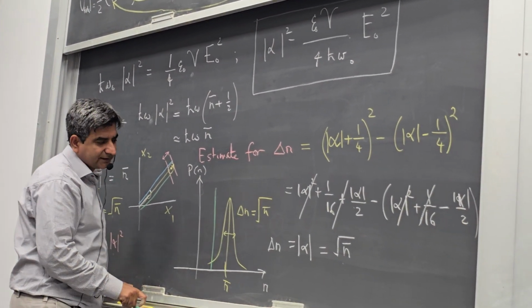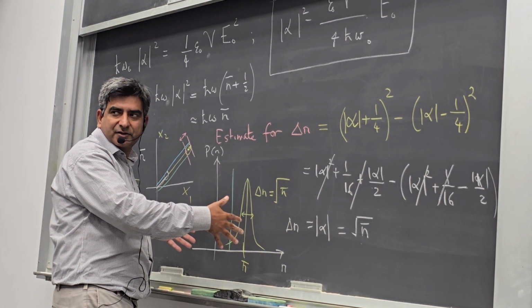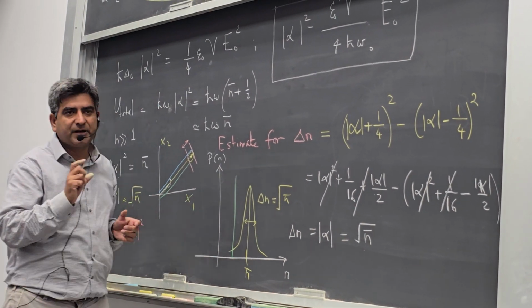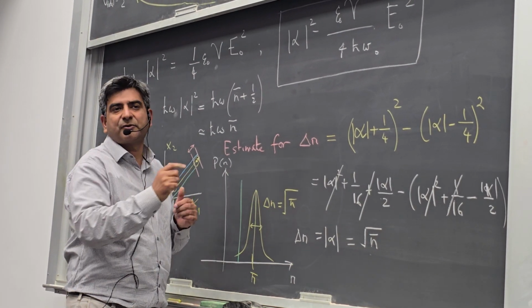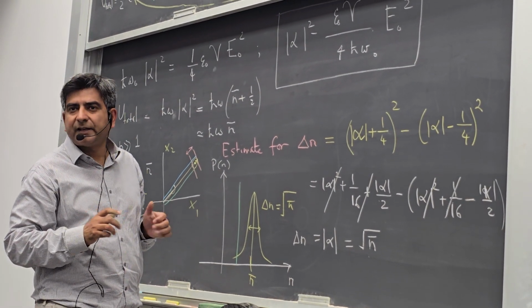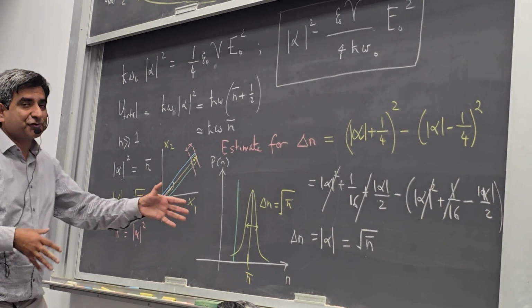Okay. So the Poissonian distribution is spread out as compared to a Dirac delta function. And the coherent state has a property that its uncertainty is precisely equal to the square root of the average number of photons. Now, you have to measure these histograms.